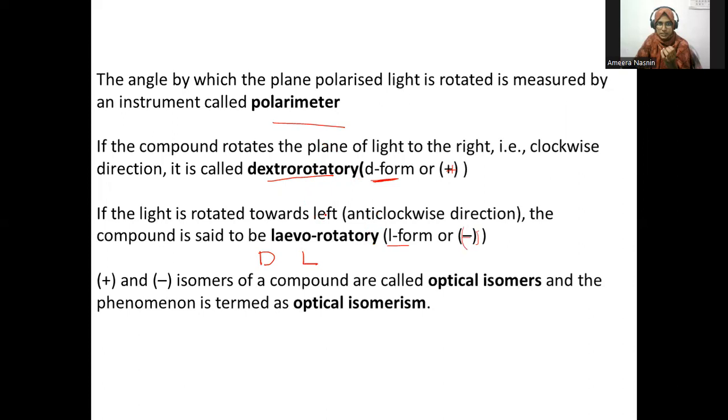We can only see whether the compound is dextrorotatory or levorotatory by doing experiments, and this D and L are completely different. It talks about configuration of that molecule. Okay, so the plus and minus isomers of the compound are called optical isomers, and the phenomenon is termed as optical isomerism.